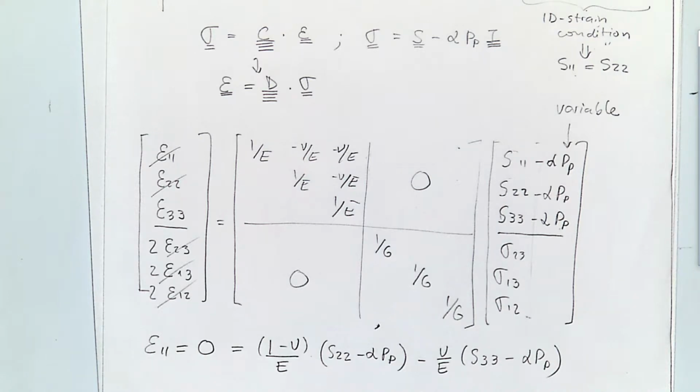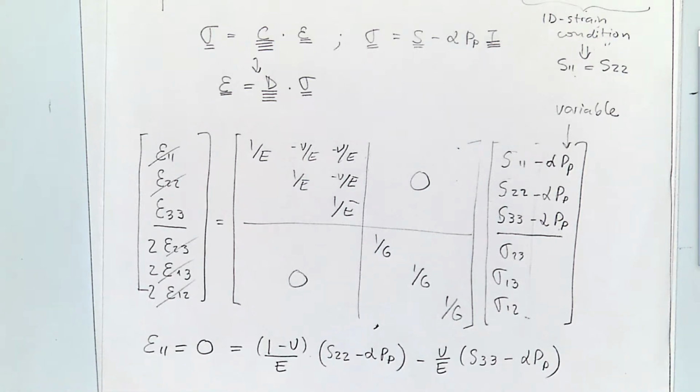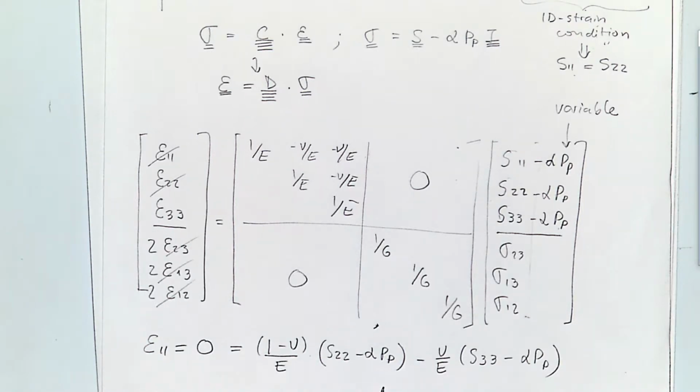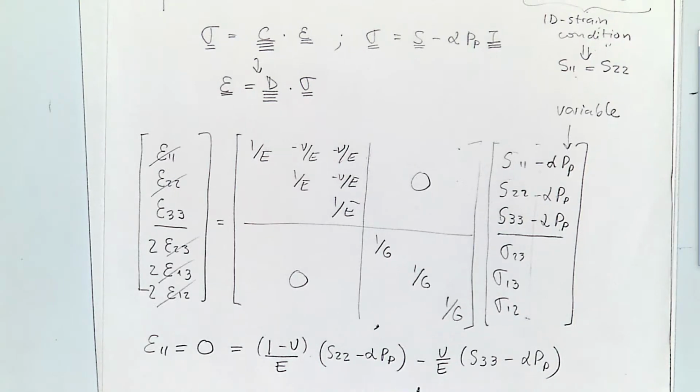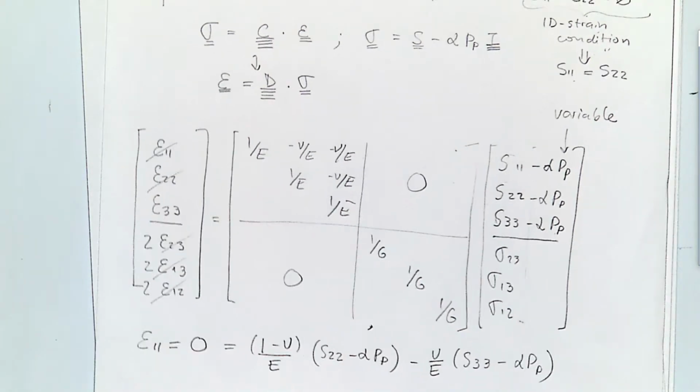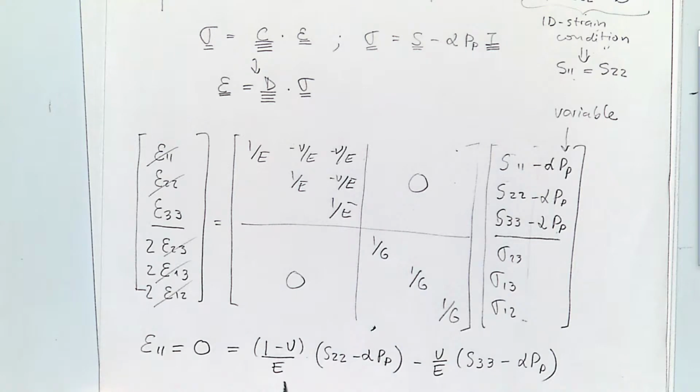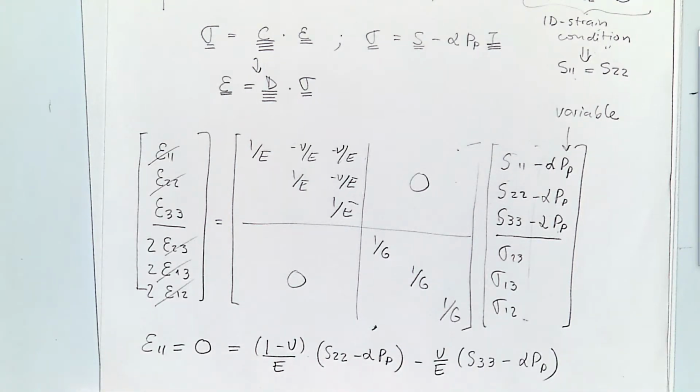And what I get from here is that the ratio of effective horizontal stress to effective vertical stress depends on the Poisson ratio. So let me write what I just said.